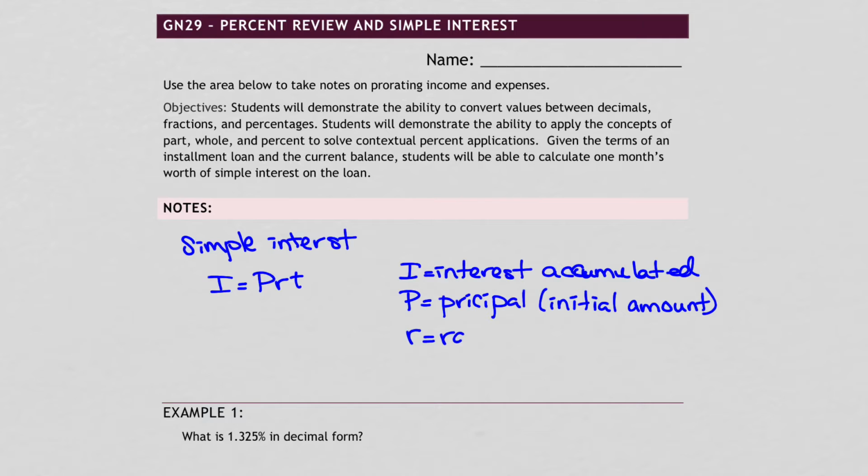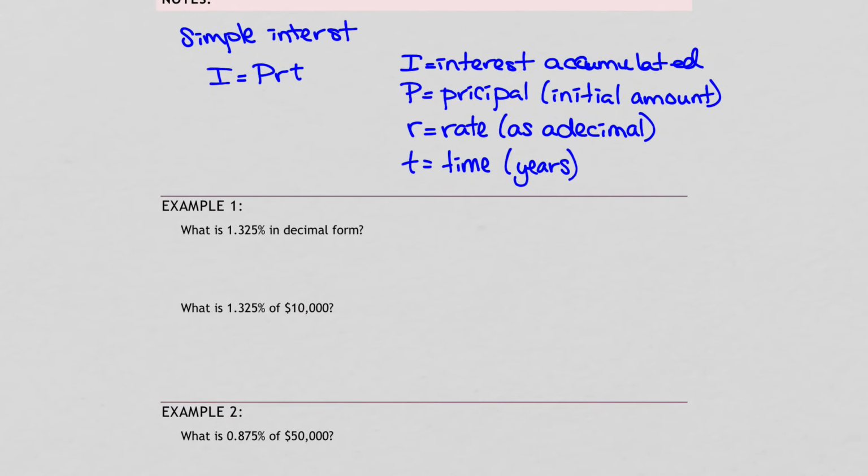R is your rate, and this is as a decimal. So usually you're given the interest rate as a percent, so you have to change it to a decimal. And T is time, and time will always be in years. So if we need to change to months, then we'll have to do something different with that.